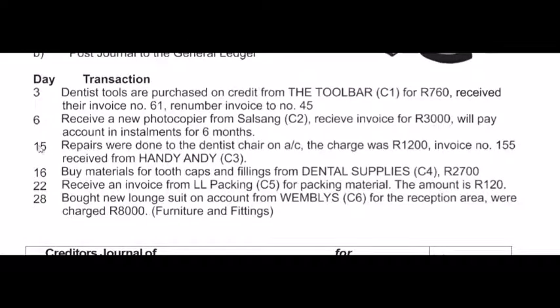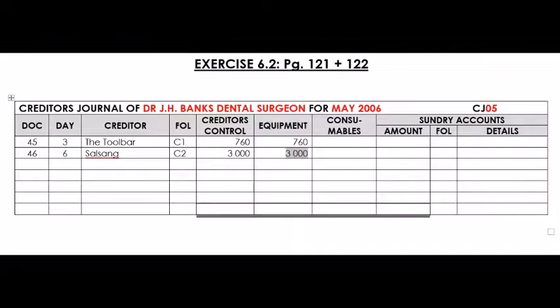Then on the 15th, repairs were done to the dentist chair on account, and it just indicates that it must be recorded in the CJ. The charge was 1,200 Rand, invoice number 155, but we won't use that number because we renumber invoices, received from Handy Andy, creditor number 3. So we will renumber it to invoice 47.